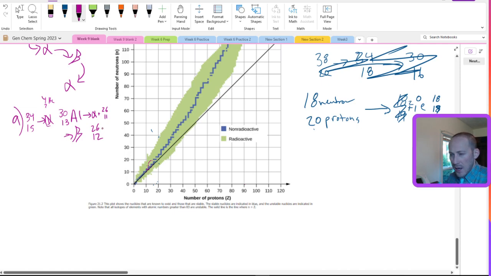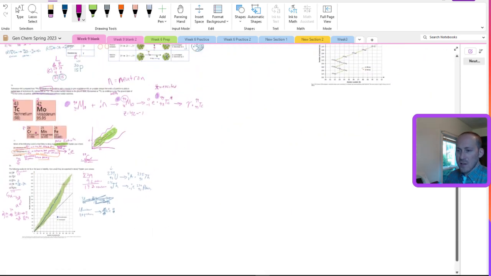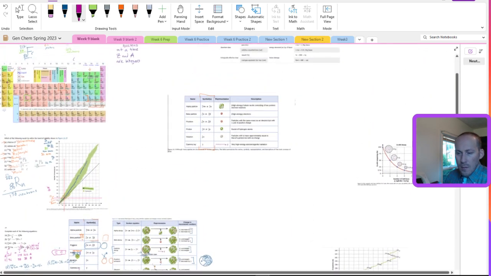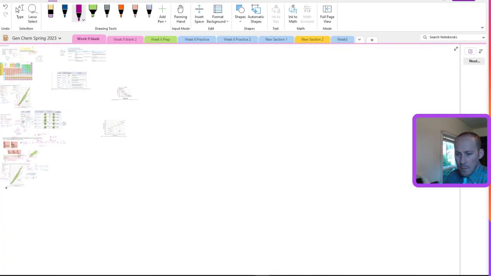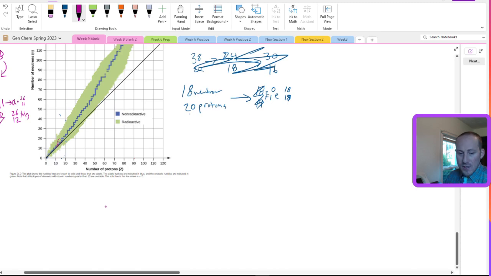That must be magnesium. And that is right there. Okay, so that's what I think will happen to the phosphorus, it will become magnesium 26.